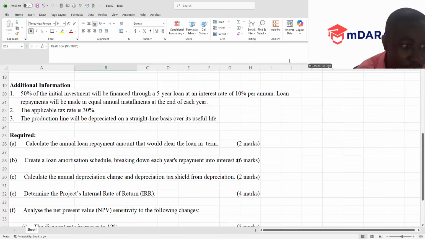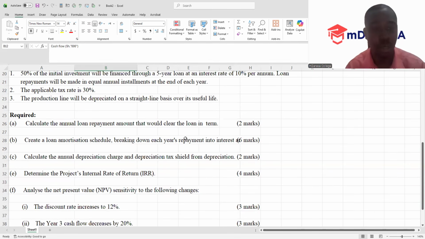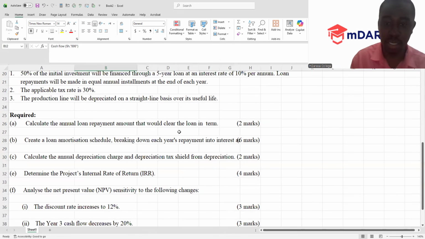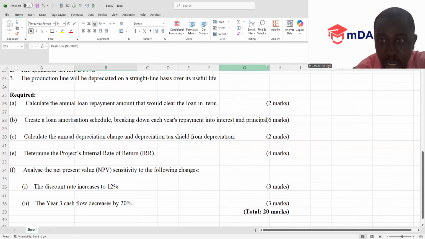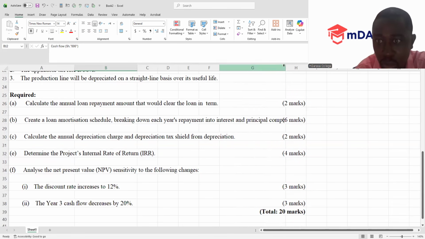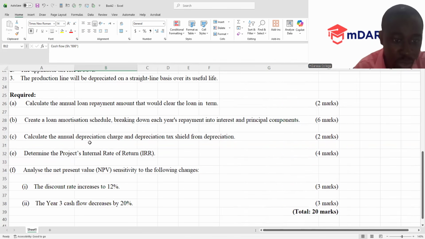Among the requirements, the examiner wanted us to determine, number one, the annual loan repayment amount that will clear the loan in term. Number two, create a loan amortization schedule, breaking down each year's repayment into interest and principal value. Number three, calculate the annual depreciation charge.